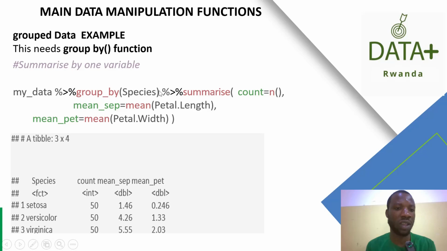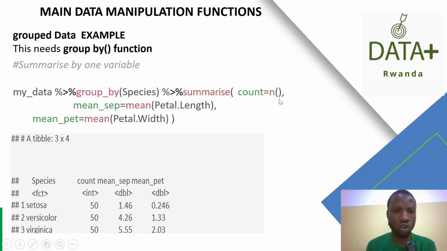Sometimes, for example, we are looking at an education level, and we need to see how many people are in each category. That's why we do summarize, and then we count.